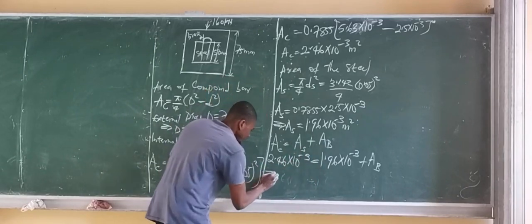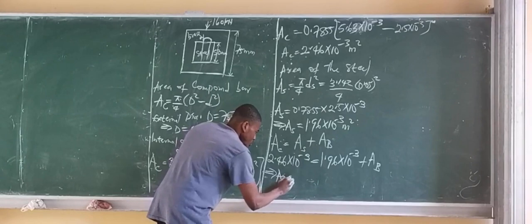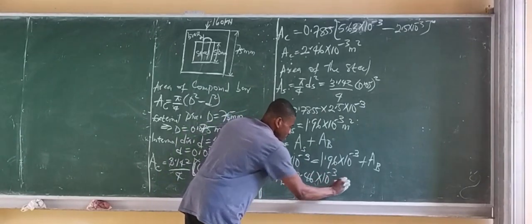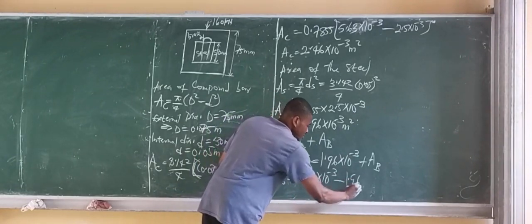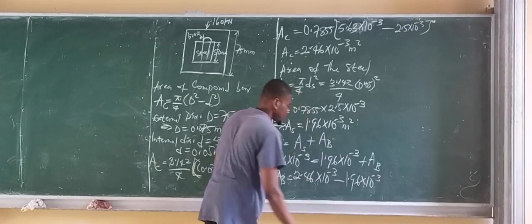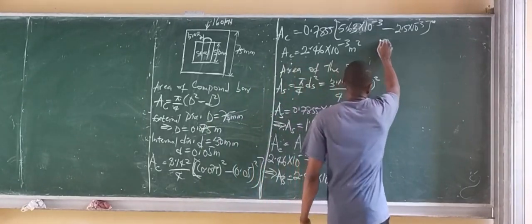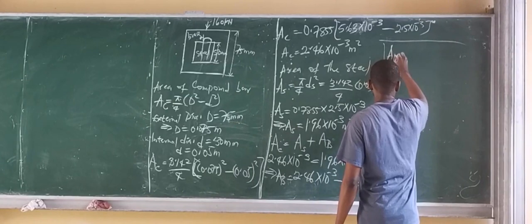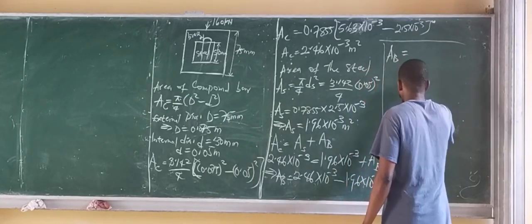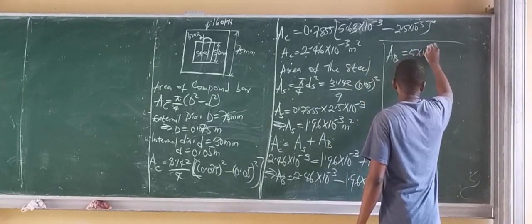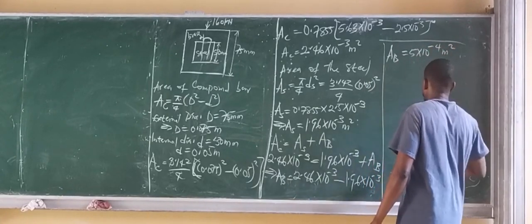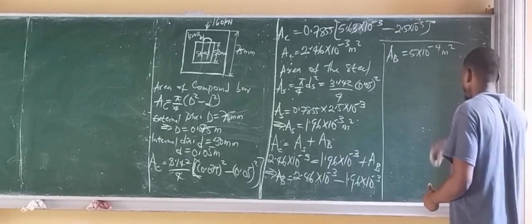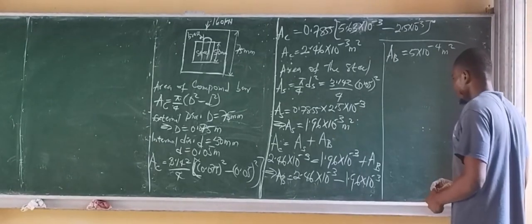So the area of the brass is now equal to 2.46 times 10 to the power of minus 3 minus 1.96 times 10 to the power of minus 3. That gives us the area of the brass. So A_b, the area of the brass bush, is simply equal to 5 times 10 to the power of minus 4 meters squared.